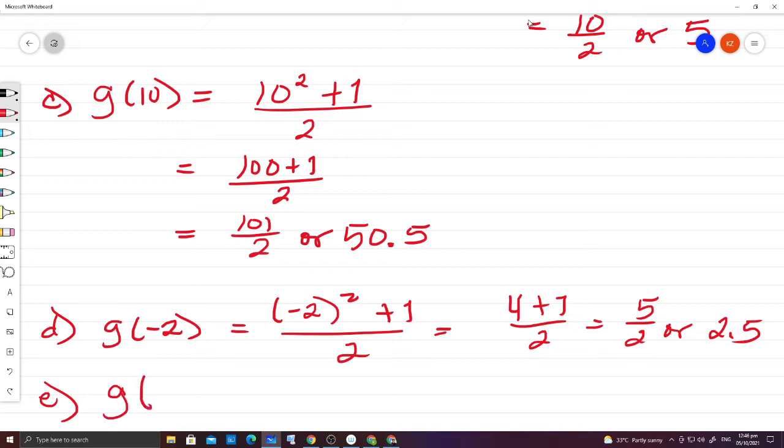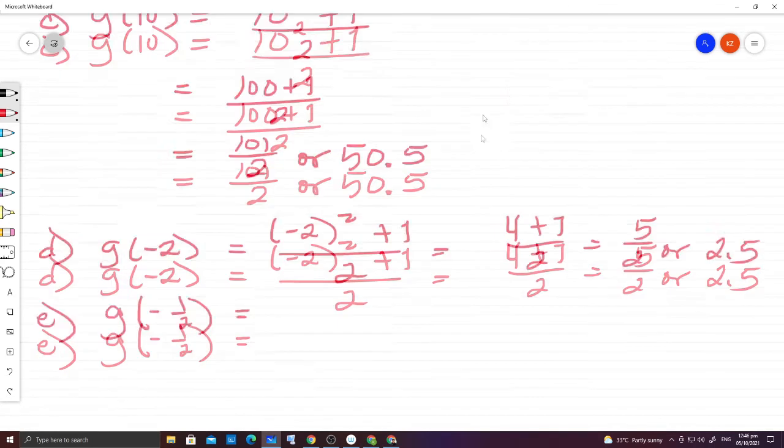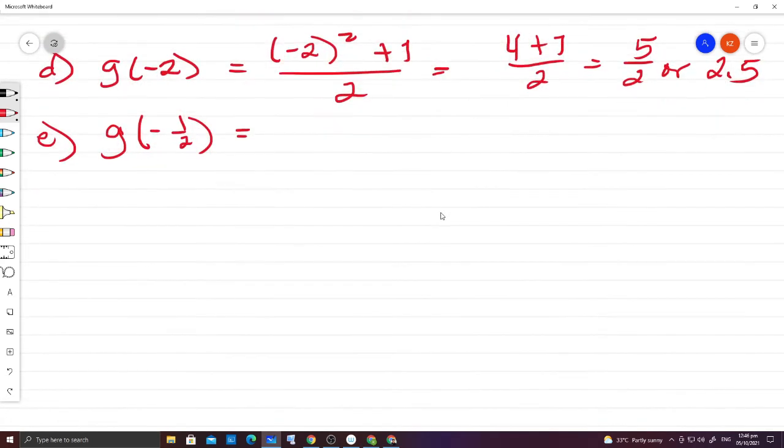g of negative 1 half. Panaray. Yes, Mr. Okay, I thought you were sleeping. g of negative 1 half. So we have negative 1 half to the power of 2.